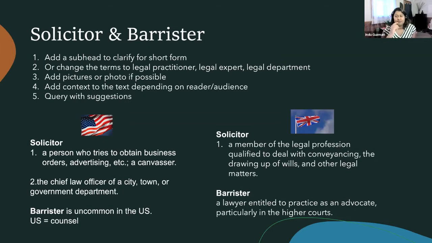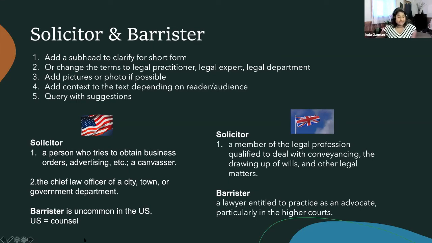You could say, would this be understood by the audience? Because international audiences may interpret it differently. For example, a solicitor in the US, the first thing people think of is a door-to-door salesman, a person who tries to get business orders with advertising, knocking on your door, or somebody on the phone calling you.